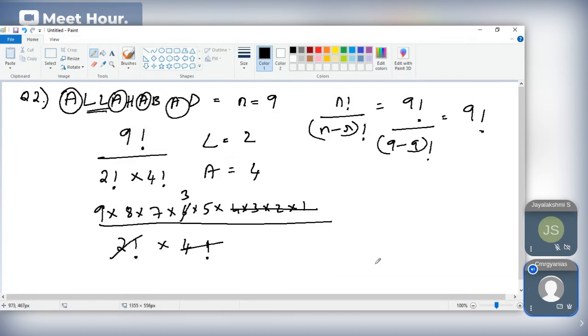This will become 3. So your total answer will be 9 into 8 into 7 into 3 into 5. If you solve this, you must get 7560. This is the answer for this.